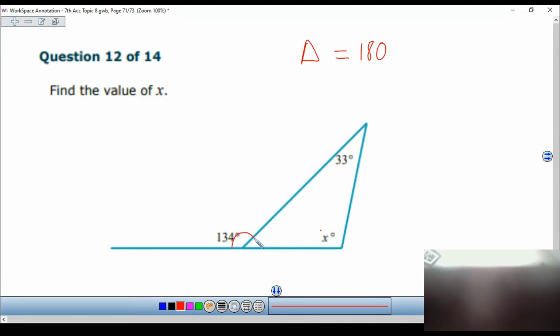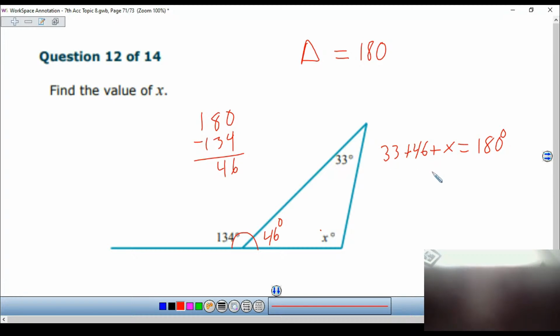So since it's on a straight line, I know that that angle plus the missing one I need for the triangle have to add up together to be 180 degrees. So if I take 180 and I subtract 134, that's going to leave me with 46, which means this angle inside the triangle is 46 degrees. Now I have 2, and I can find the missing angle. So again, I can go 33 plus 46 plus that X angle is going to equal 180 degrees.